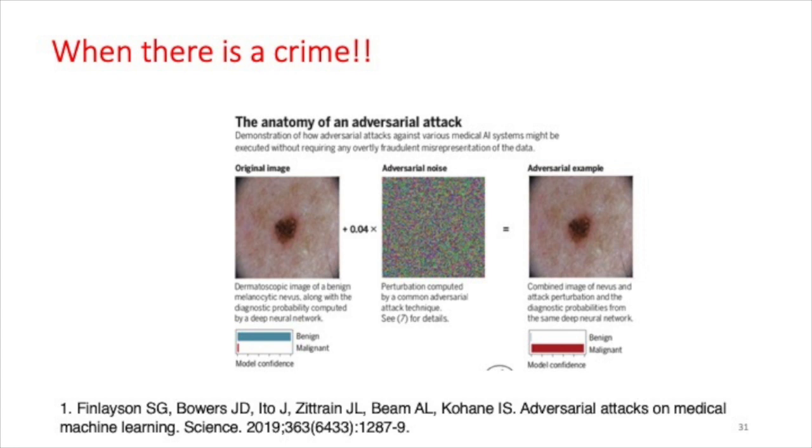But if we use the AI to detect it, this one is a benign one, then after we add some noise, the computer will think this has become malignant. But basically these two images are similar for the human.